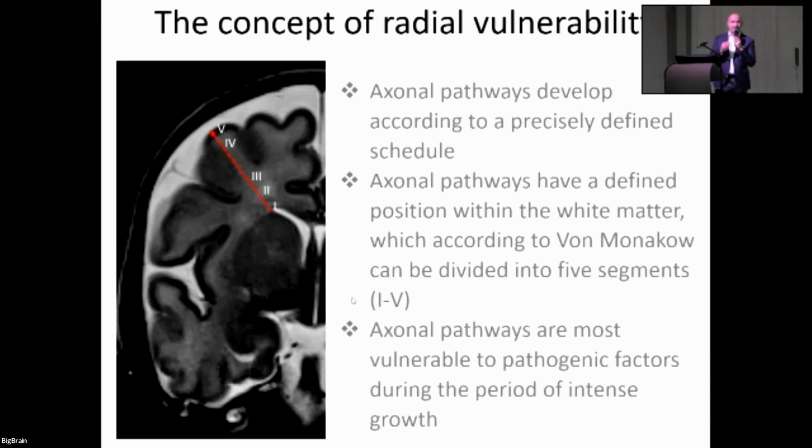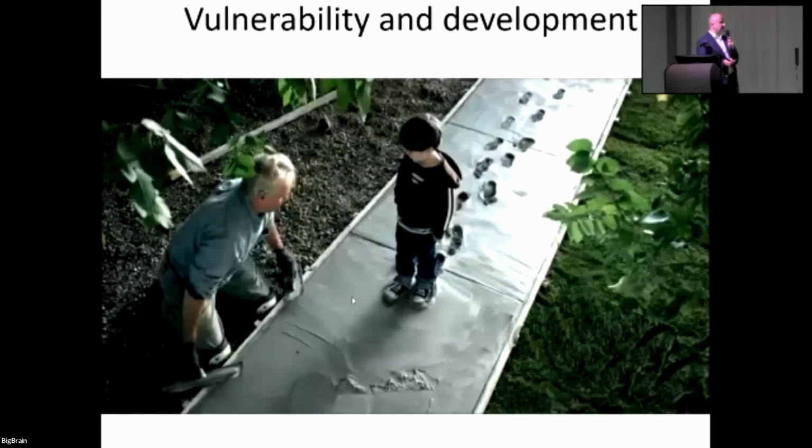So this is the foundation of the radial vulnerability concept. This vulnerability of immature pathways could easily be compared to some other situation from real life. During development, an immature system is very sensitive to pathogenic factors, but the good thing is that when vulnerability is biggest, brain plasticity is also biggest during that period of time.